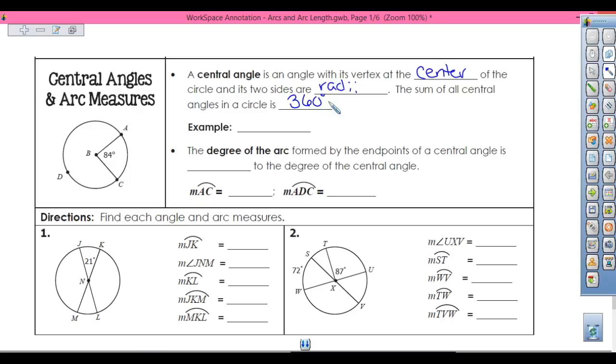Okay? An example being angle ABC. So, angle ABC is a central angle, and it equals how many degrees? 84 degrees.